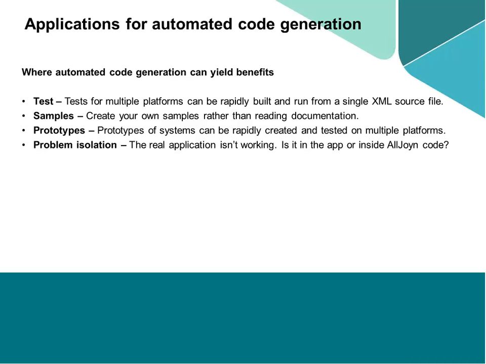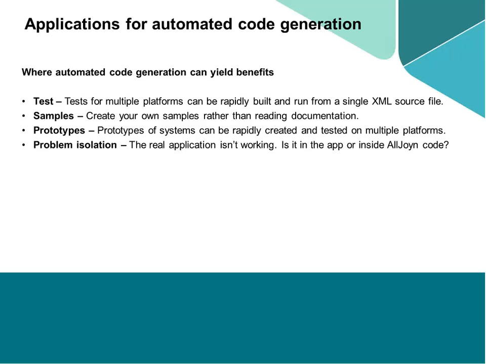People that are trying to write code for AllJoyn can create their own samples. If they know how to write just a little bit of XML, they can then find their own sample code that targets just the things that they're looking at. We can also do prototypes rapidly, and again, test it on multiple platforms with a tool like this.